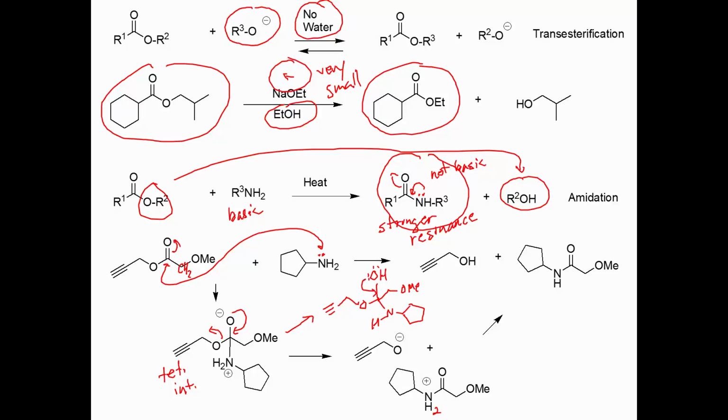Okay, let's see, we're going to now get the protonated ester, or protonated amide rather. And we're just going to lose the extra proton. So this is an alternative process that really gets you to the same place.